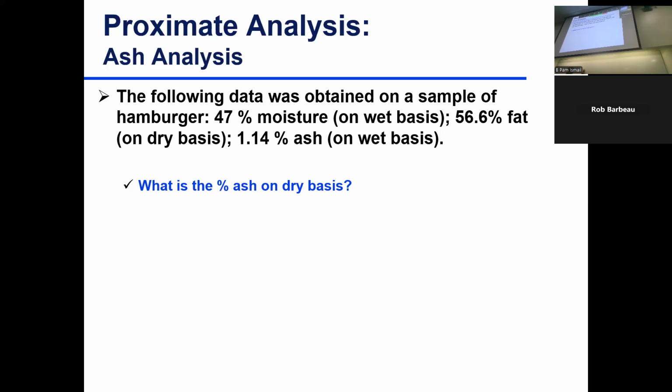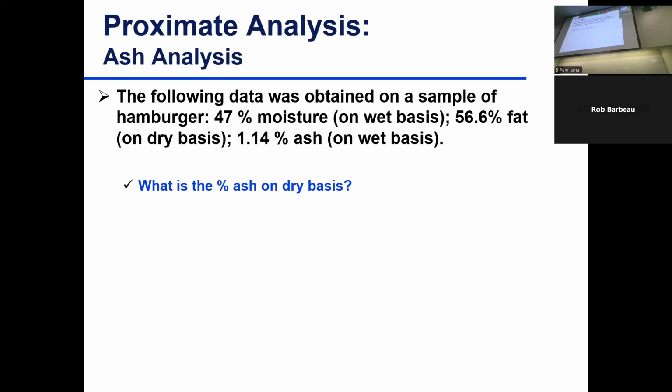The dry matter is 100 minus 47 because this is your moisture content, so the dry matter is 53%. That's your dry matter.